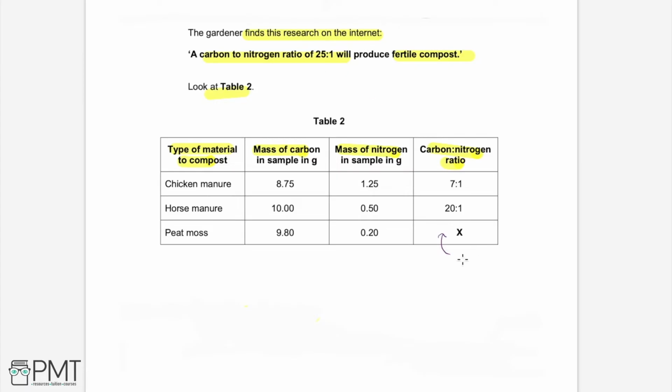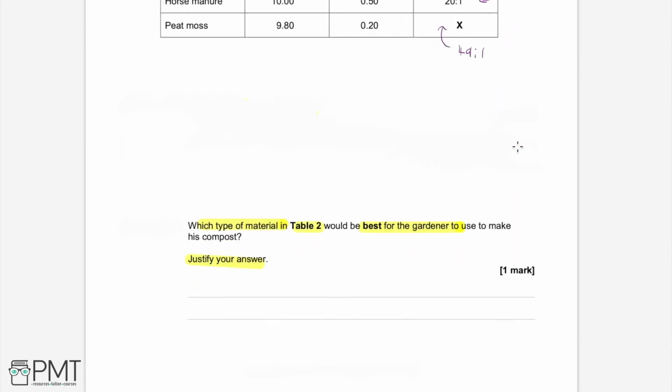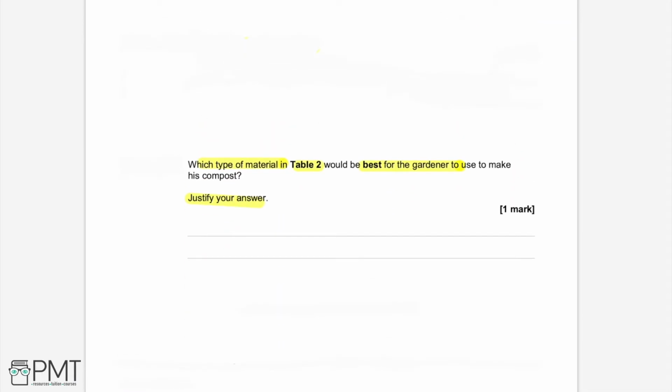Well, as we worked out from the previous part of the question, the carbon to nitrogen ratio of peat moss is 49 to 1. So, looking at the three possible types of materials, we can see that horse manure has a ratio closest to 25 to 1. So this will be our answer. Horse manure. And the reasoning, as we've just said, is that it has the closest ratio to 25 to 1.